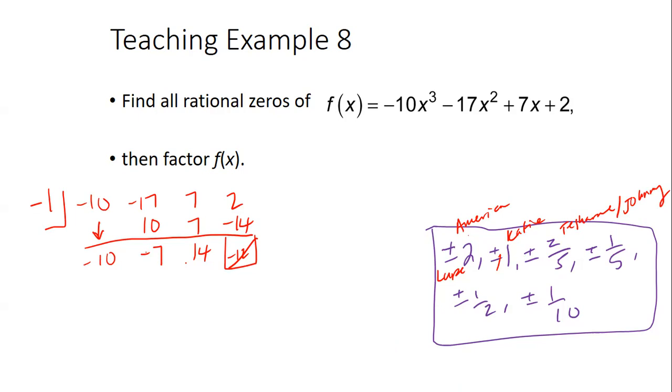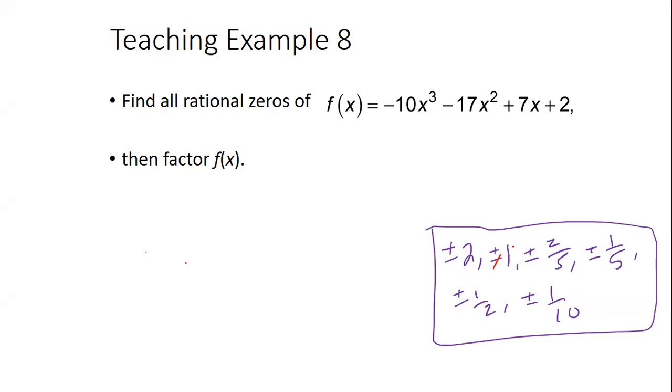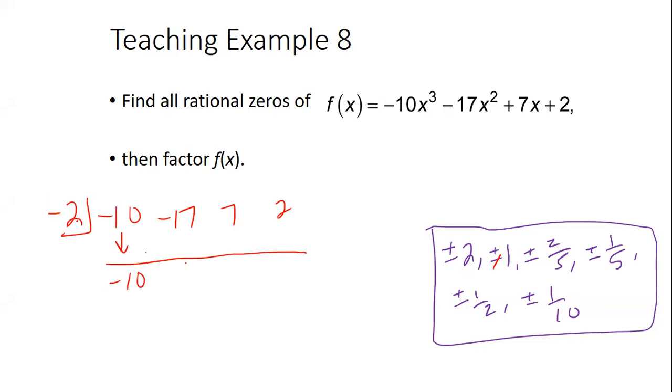All right, so after everyone tested, we find out that negative 2 is the one that gives us a 0. So what it looks like, if I have negative 2, that's going to be negative 10, negative 17, 7 and 2. I bring down my negative 10 to get it going. Negative 2 times negative 10 is 20.